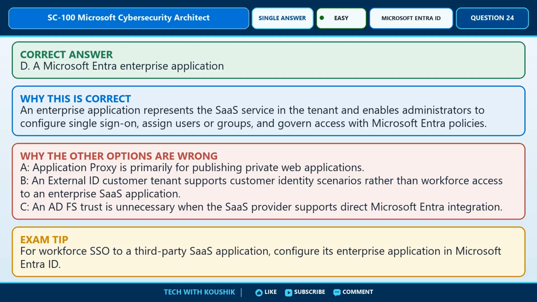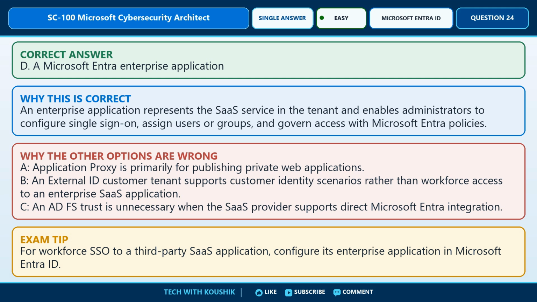The correct answer is Option D, a Microsoft Entra Enterprise application. Here's why. An enterprise application represents the SaaS service in the tenant and enables administrators to configure single sign-on, assign users or groups, and govern access with Microsoft Entra policies. Why are the other options not correct? A. Application Proxy is primarily for publishing private web applications.